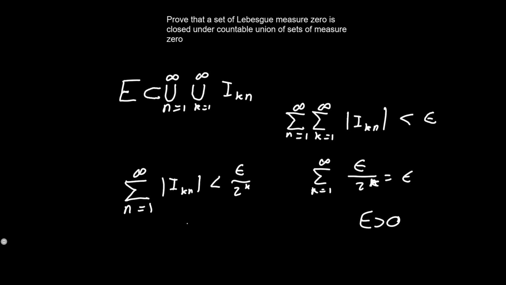Despite taking a countable union of infinitely many measure 0 sets, the measure remains 0, just like in Zeno's paradox, where an infinite sum of decreasing distances converges to a finite total. This shows that our set has measure 0.